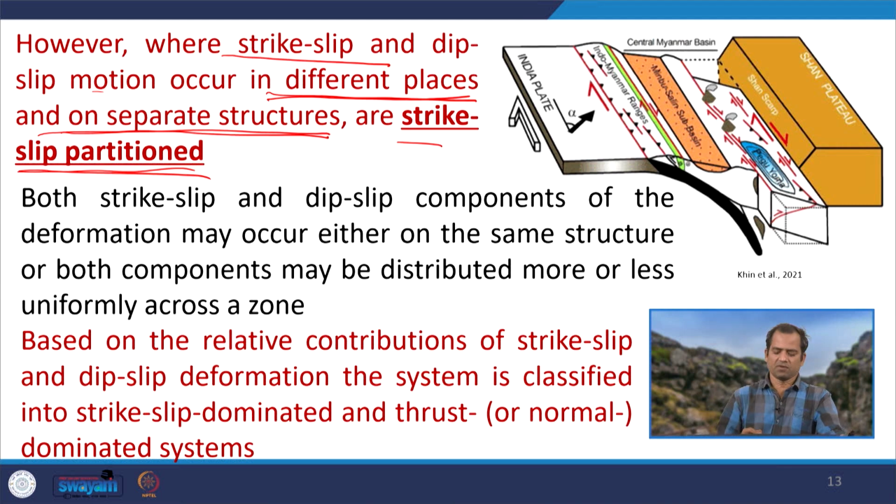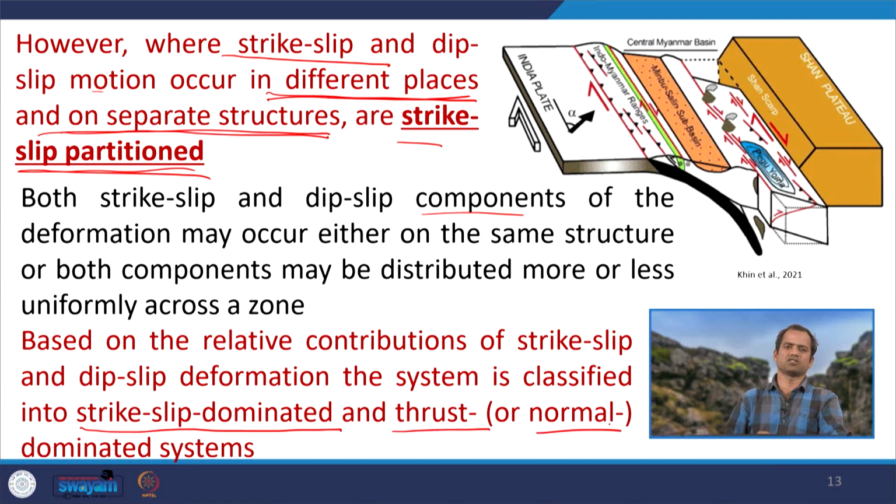Both strike slip and dip slip components of this deformation may occur either on the same structure, or both components may be distributed more or less uniformly across the zone. Based on the relative contribution of the strike slip and dip slip deformation, the system may be classified into strike slip dominated and thrust dominated systems. So, strike slip dominated, or thrust or normal fault dominated system.